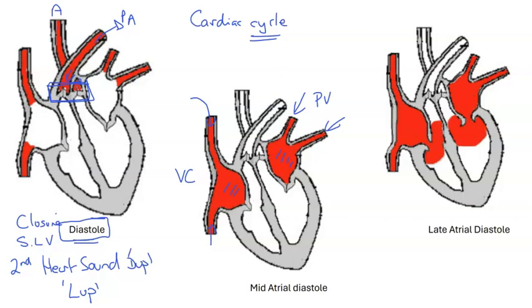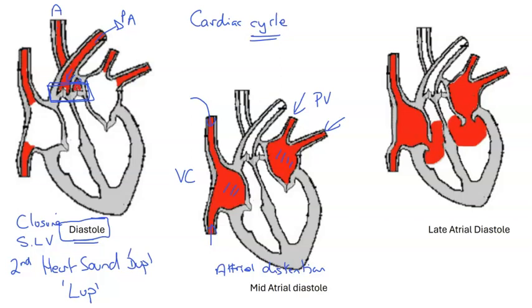This is called atrial distension. So that just means that the atria are filling, and so the pressure is rising within the atria as the blood collects in the two atria returning to the heart.